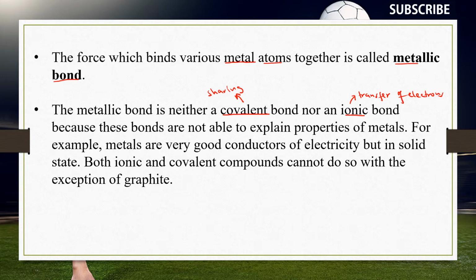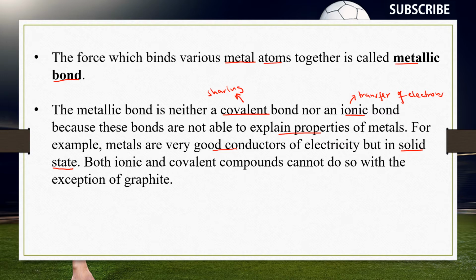We are going to see how the metallic bond differs from these, although it might also look similar to one of them. However, we put it separate from these two types of bonding because the properties that arise cannot be explained by covalent bonding or ionic bonding. For example, metals are very good conductors of electricity in solid state. Remember, ionic compounds could only conduct electricity in solution or when molten.